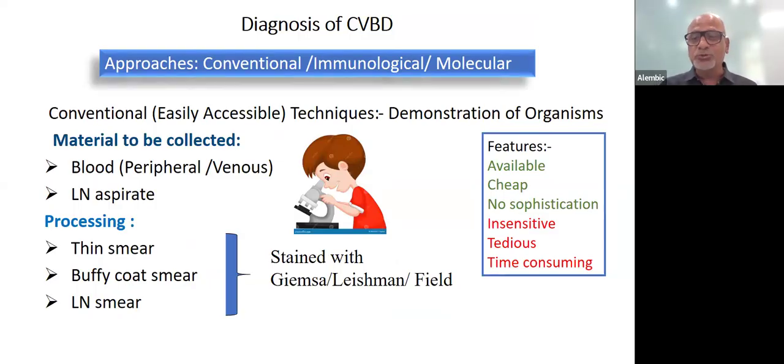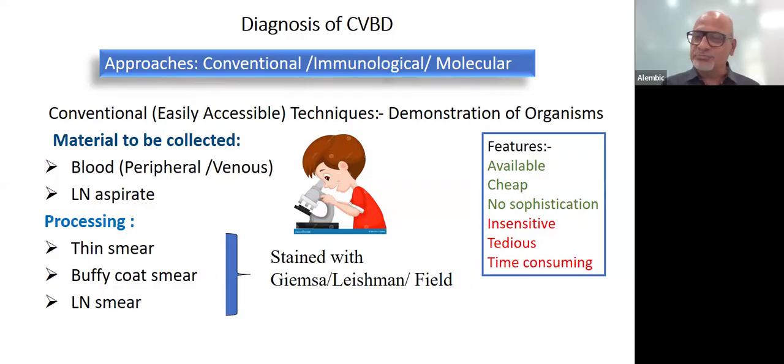I would say you should go one step ahead and prepare a buffy coat smear of the peripheral sample. When there is an enlargement of a lymph node, you take a lymph node aspirate and prepare the smear. All these three come under the conventional method.